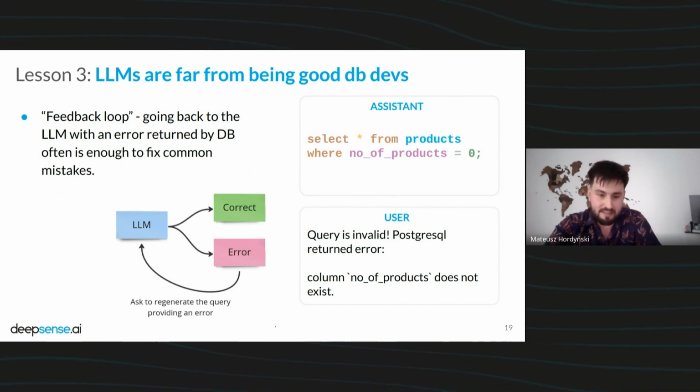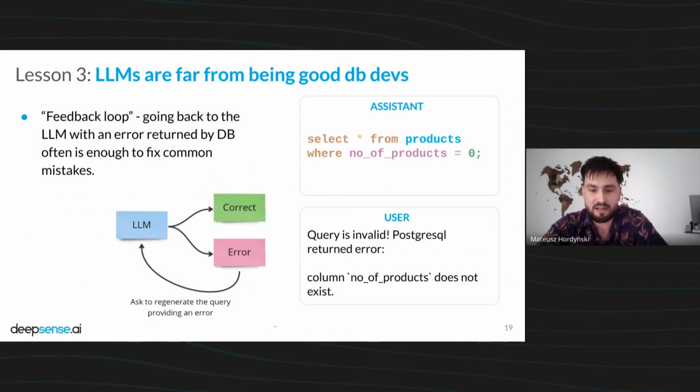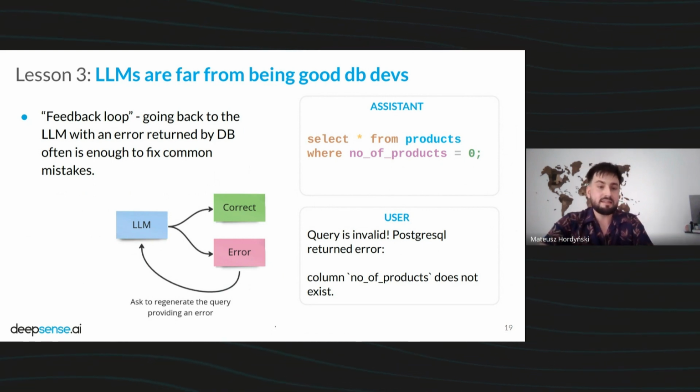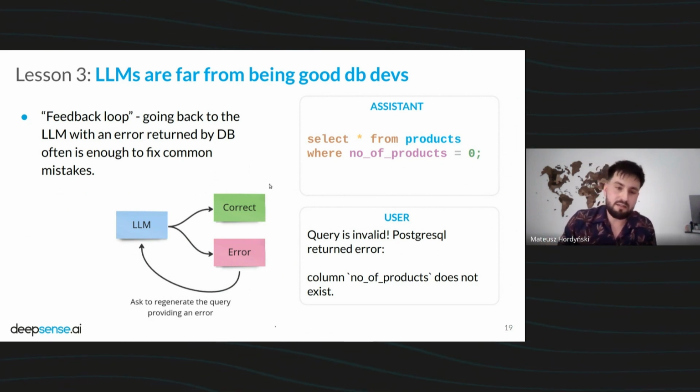Sometimes it's successful, I am happy, I can close my laptop. But usually I get some error from the database. Of course, you can give up and never try again. But usually you read the error and you try to fix your mistake. And we can mimic that behavior. I like to call it a feedback loop.